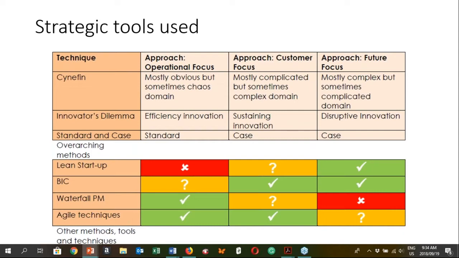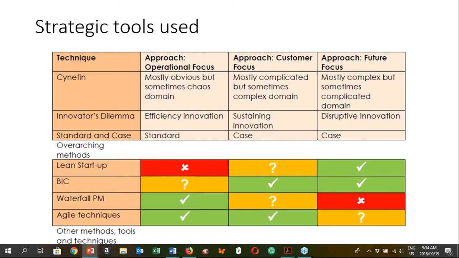There's an approach called business innovation circles, works well within the transformational space. And then, you know, doing transformation using traditional or more traditional project management methods, whether it's waterfall or agile. As you can see, we've given you an idea what is most probably the most appropriate.